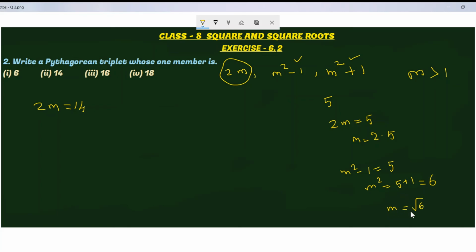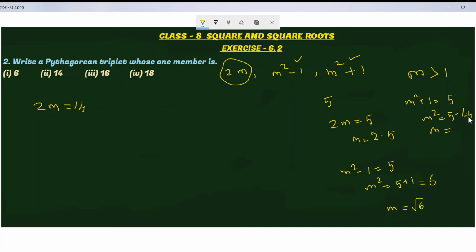If m is equivalent to root 6, then you can find the next number, m square plus 1. If we take m square plus 1 is 5, let's see. So m square is equivalent to 5 minus 1, which is 4.